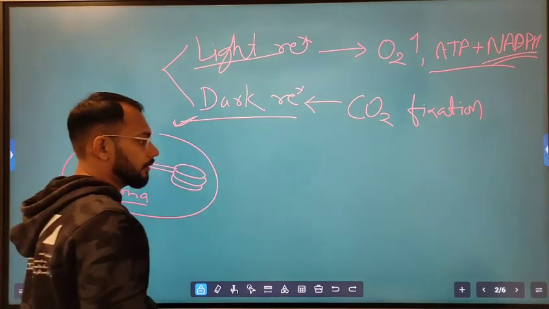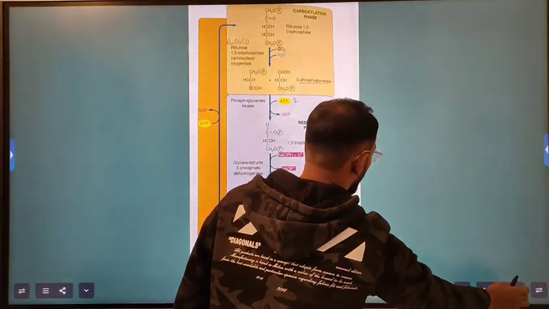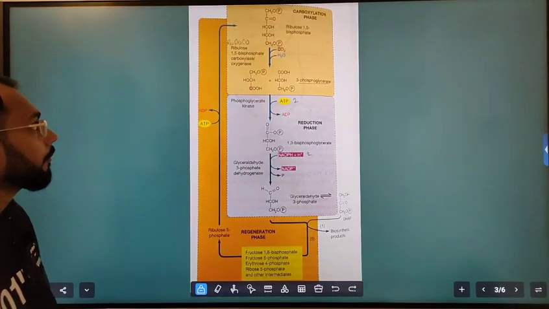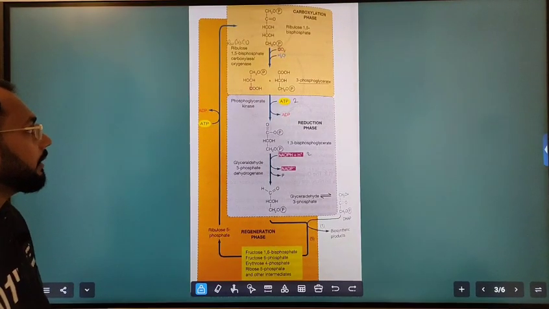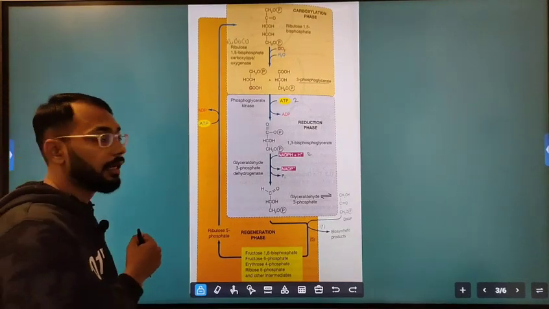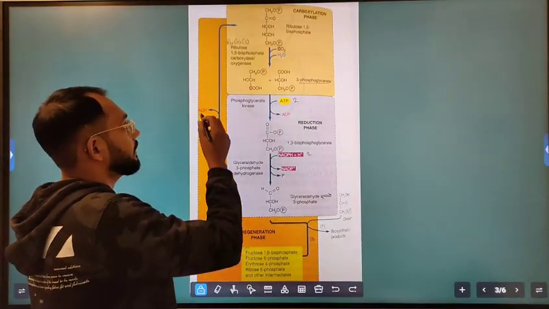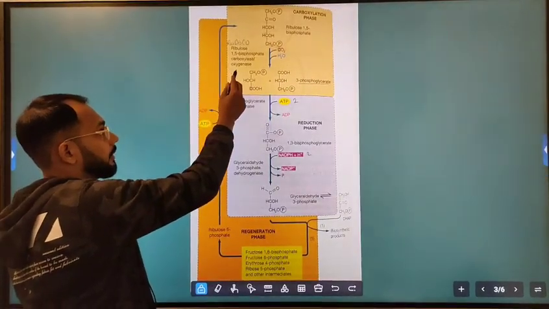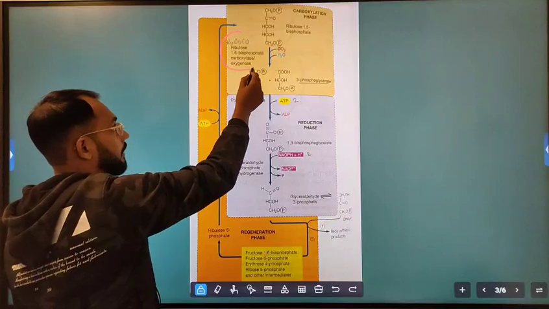Okay, so let's see the scheme of the dark reaction or the Calvin cycle. So Calvin cycle operates in the stroma, and the main enzyme we can say is the Rubisco enzyme. We are familiar with this enzyme.